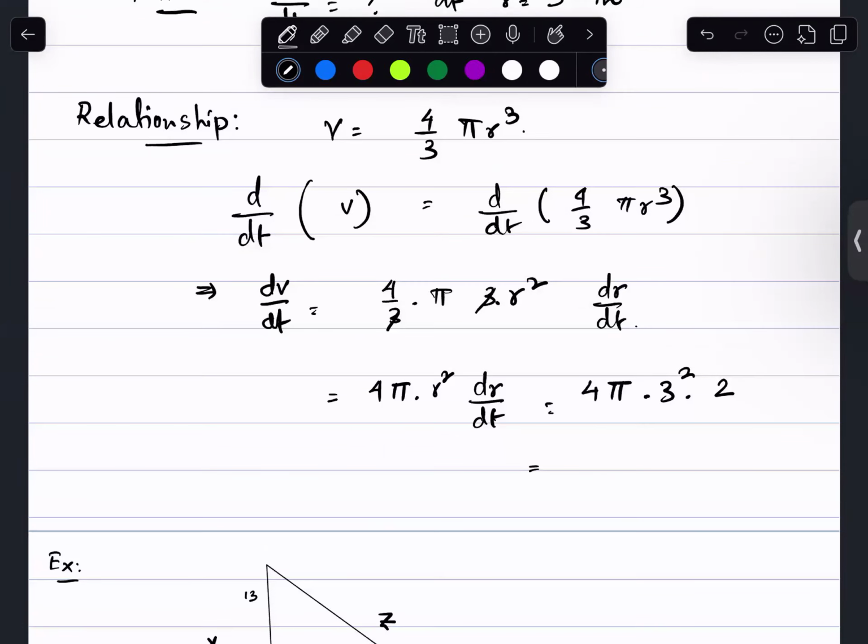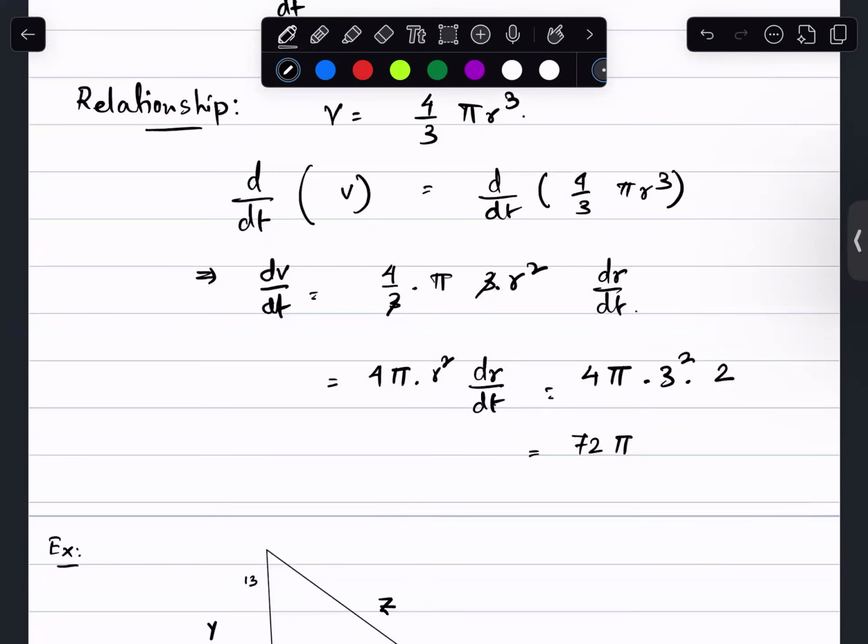So I get ultimately 72 pi, and it should be inches cubed per minute as my unit, right?